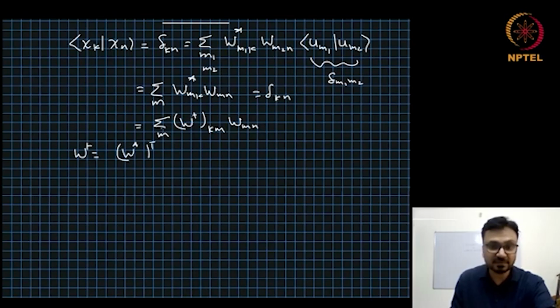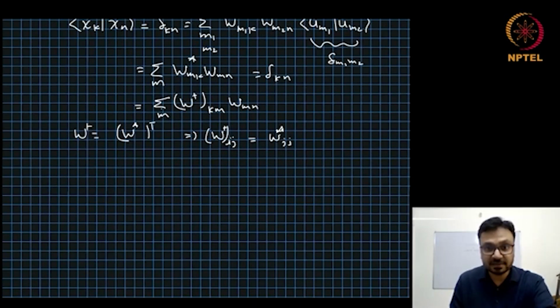If we have a matrix w, with ij element w ij, then the ij element of w dagger will be w star ji. So this is what we have done here: w star mk becomes w dagger km, the km element of the w dagger matrix.